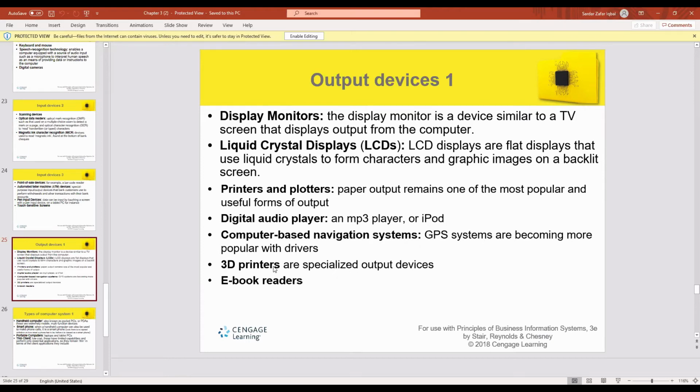3D printers are specialized output devices. This is another famous thing nowadays. You can create your own 3D printer that will give you the output in some specialized form. Nowadays people are creating paintings in 3D versions. They create models with this.